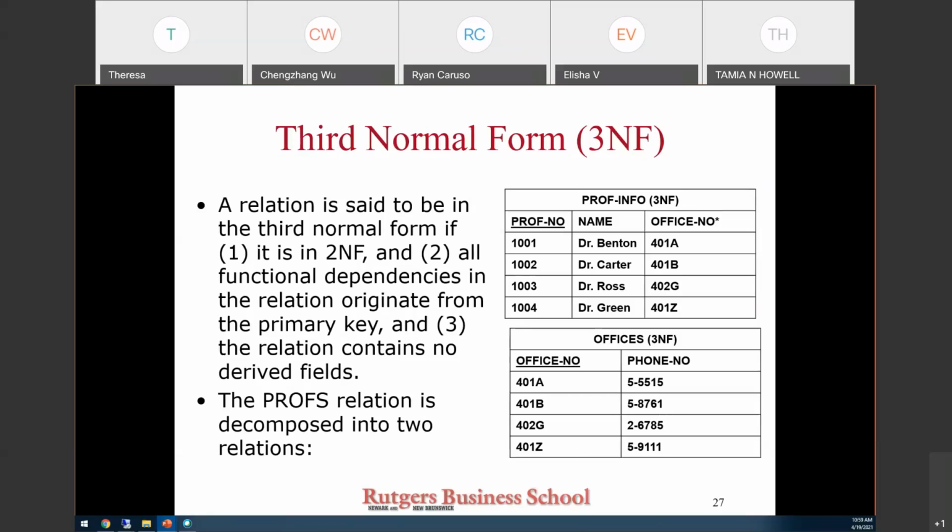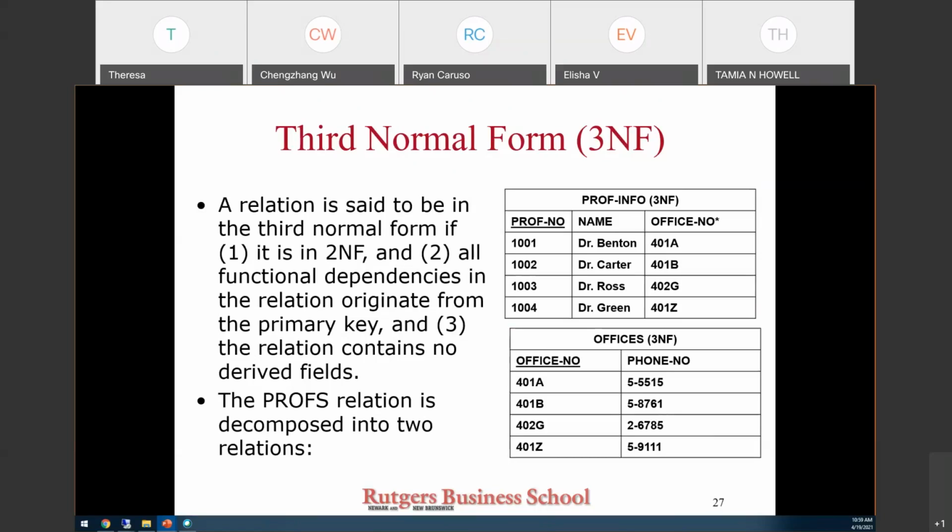Or in other words, if derivable fields are stored, then they would have to be meticulously updated every time there's a change in the value of underlying fields that make up the derived fields.